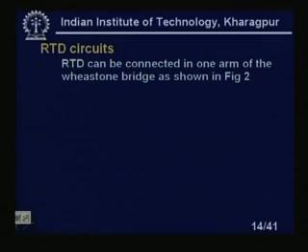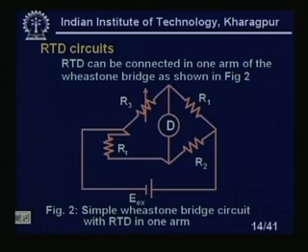Now, the RTD can be connected in one arm of the Wheatstone bridge as shown in figure 2. You see this is figure 2, a simple Wheatstone bridge circuit with the RTD in one arm. This is RT, the RTD, and these two are fixed resistances R1 and R2, and this is R3, a variable resistance.